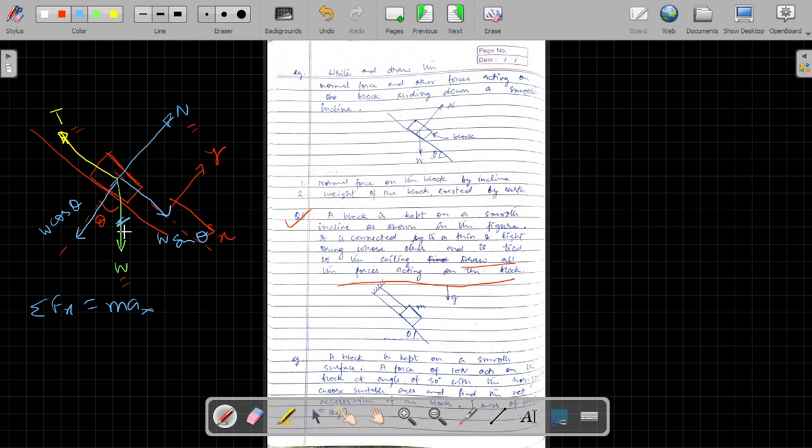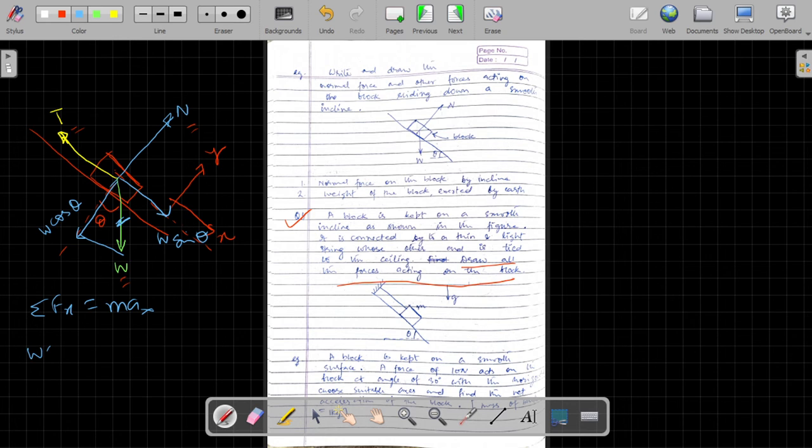Second, the component of weight along the side in which theta is there is w cos theta, and the component of weight along the side perpendicular to the angle theta is w sin theta. So that component is w sin theta, that is along the x-axis.